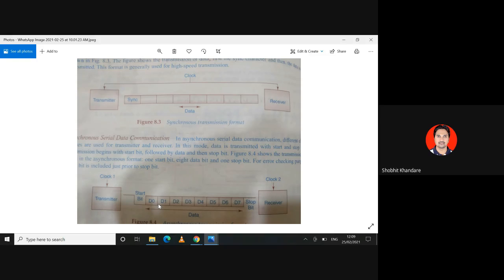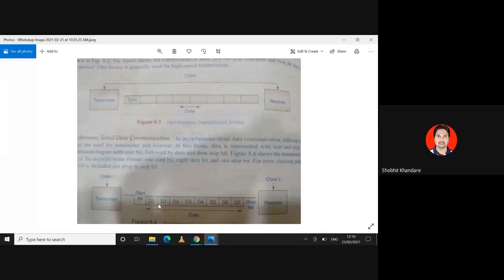If the baud rate is 9600 baud, then it means that 9600 bits are transmitted in 1 second.